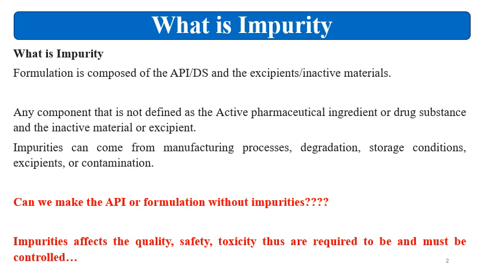The drug substance is the main molecule which has the action or therapeutic activity, and that's why it is called the active pharmaceutical ingredient or the drug substance. And the formulation is made up of the active pharmaceutical ingredient or drug substance and the inactive materials or excipients.